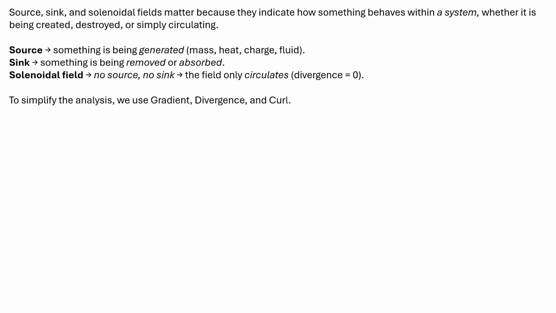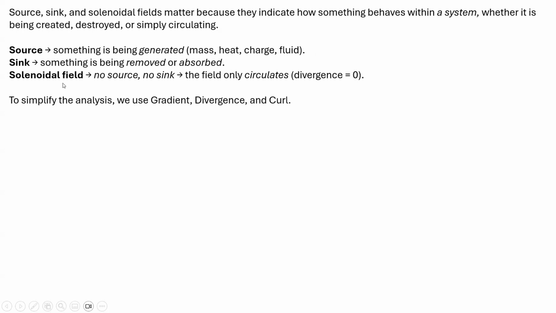Source means something is generating, right? It could be anything, let's say mass, temperature or heat, charge, or any fluid, and is it generating or not? All these are types of source.